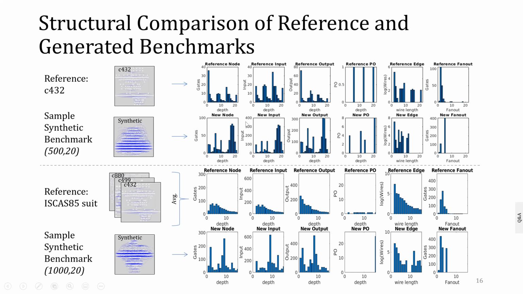And this was generated with an arbitrary 500 gates, which is larger than the reference, but structurally it's very different from the 432 benchmark. The lower two rows represent the benchmarks that we generated by comparing with the entire ISCAS 85 benchmark suite. Now the first row here represents an average distribution of the reference circuits, and the resultant synthetic benchmark with 1000 gates is represented in the lower row.